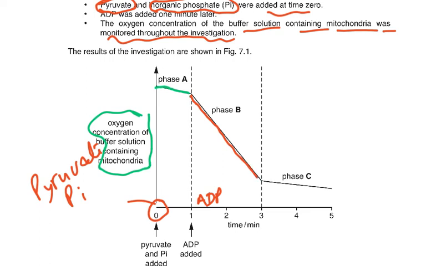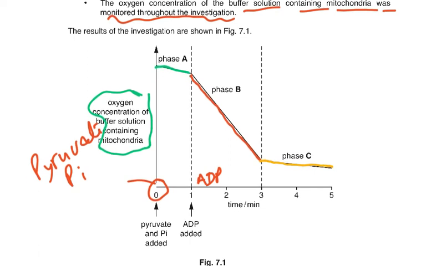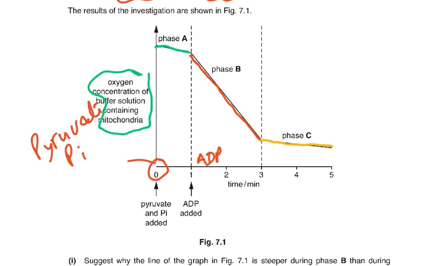So oxygen is being used up. And then in phase C, of course, we have the oxygen decreasing less sharply. So you've got to explain this to yourself. Pyruvate and inorganic phosphate added here at 0, and then ADP added here, and as soon as we add the ADP, the oxygen level falls very, very rapidly.